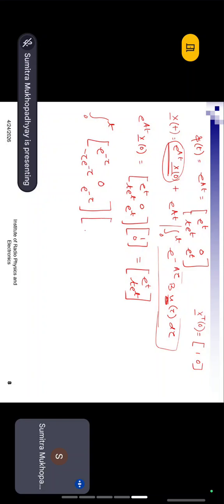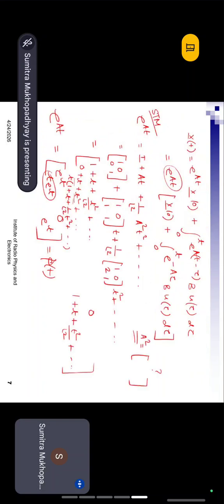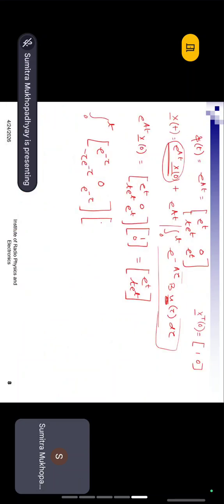What is the B matrix? B matrix is initially given, see, B matrix is 1 1. u of tau is unit step input, meaning 1, d tau. So what we are getting is the integral from 0 to t of this matrix multiplied by a matrix of 1 1.